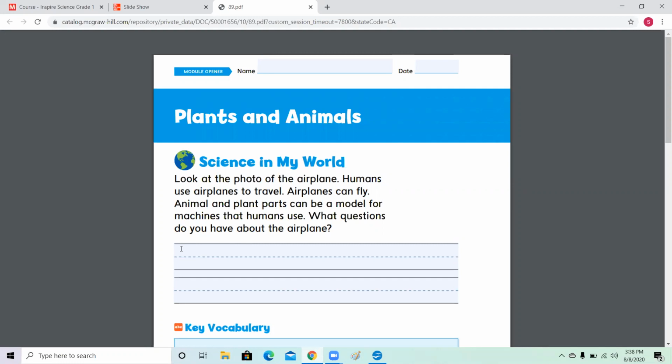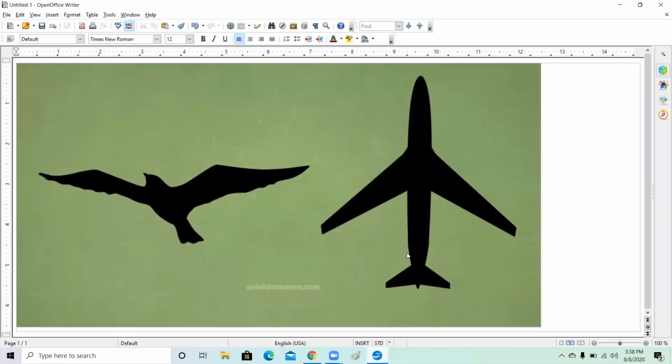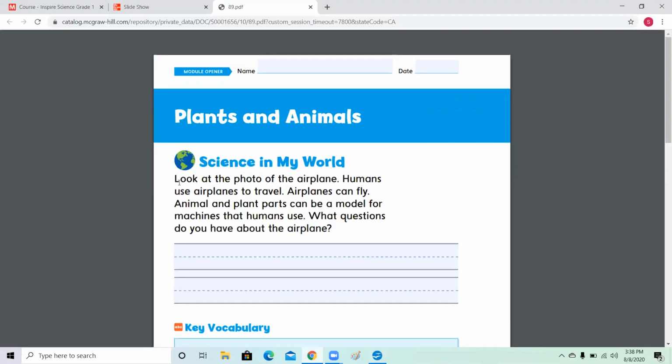Do you have anything? Try to look for a question and put it. Again, how do airplanes fly? Or what keeps them in the air? The question should be related to the airplane. All right? I'll read one more time the paragraph and you're going to write your question. Look at the photo of the airplane, the one we just saw.